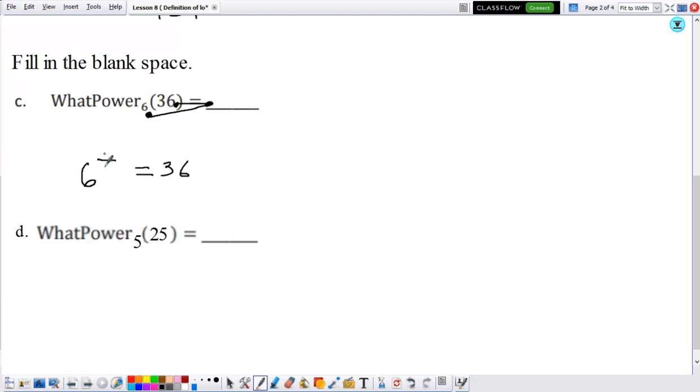Now 6 to the what can give me 36? Well, that will be 2. Because 6 to the second is equal to 36, and 36 equals 36. So that means that what we're going to put inside the parentheses is the exponent that we need to raise it to, which in this case is just 2.